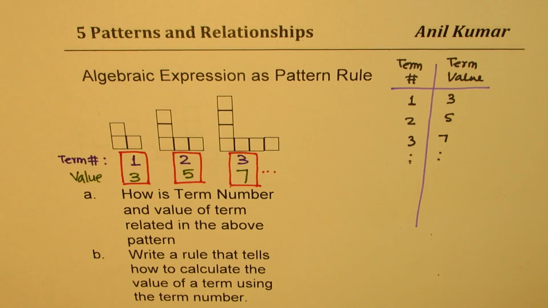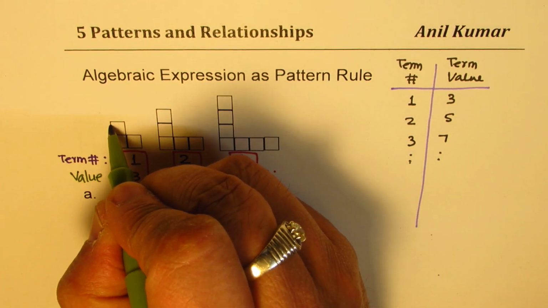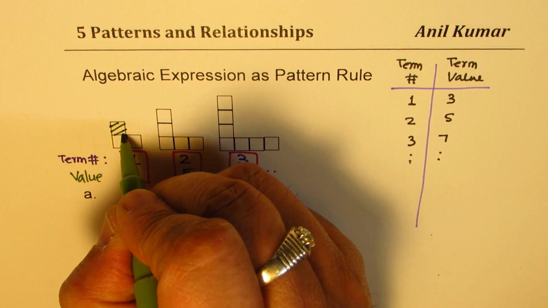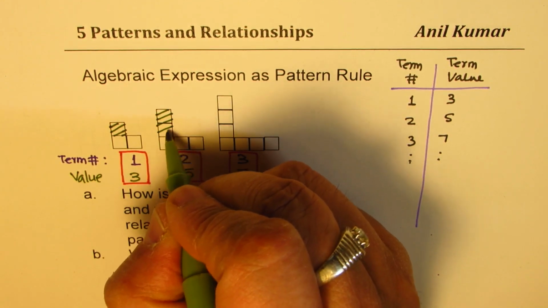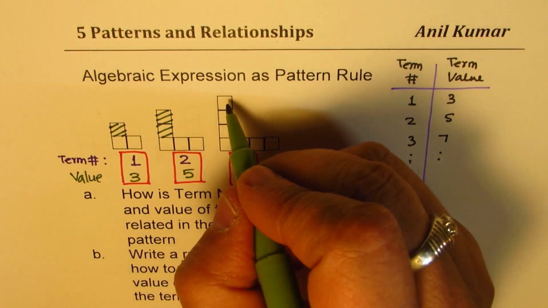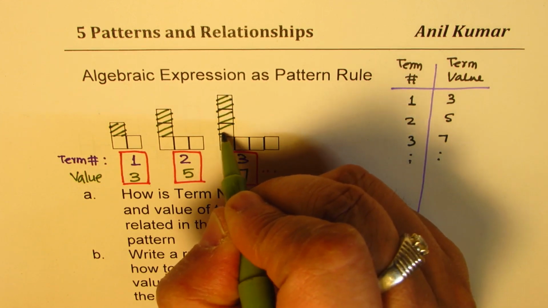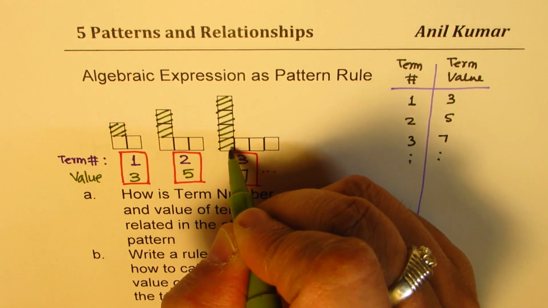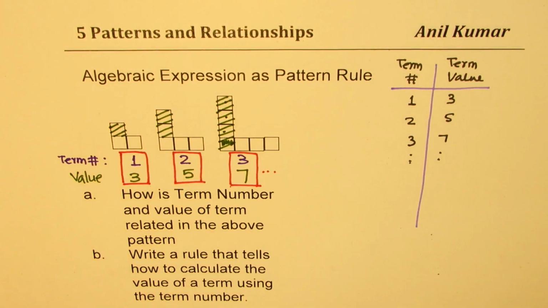So what we do here is, we have 1 term, 2 term, 3 term. Let me just shade in one of them, right? In the first term I shade 1. In the second term I shade 1. In the third term I will shade 1.